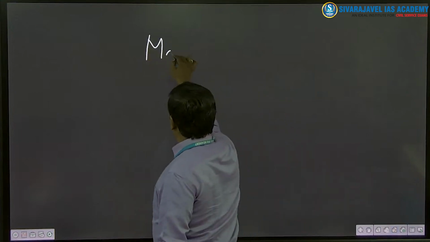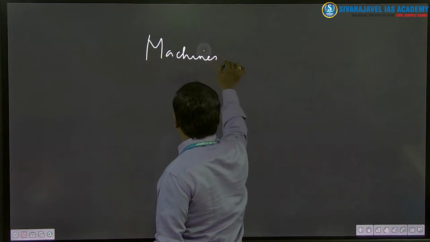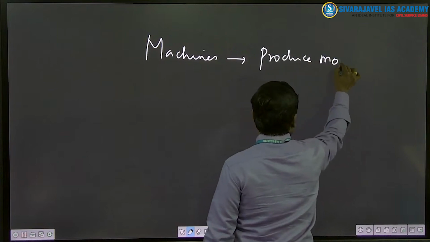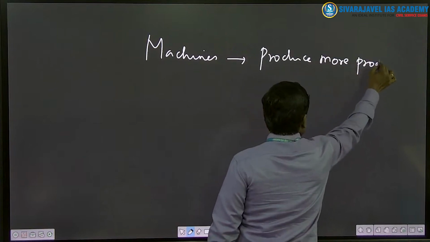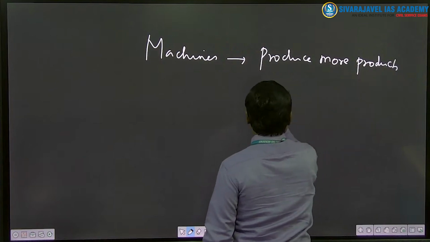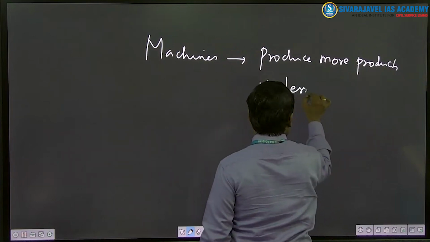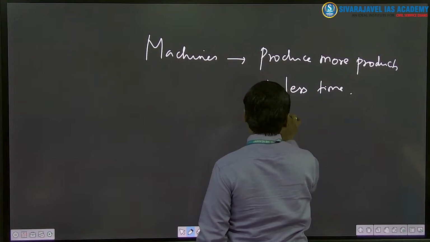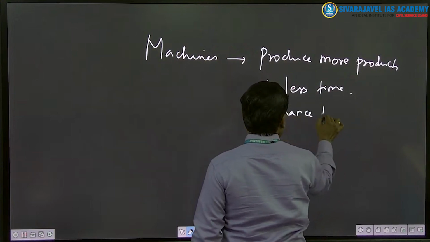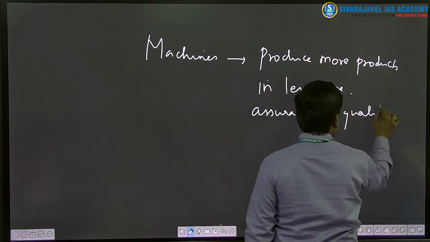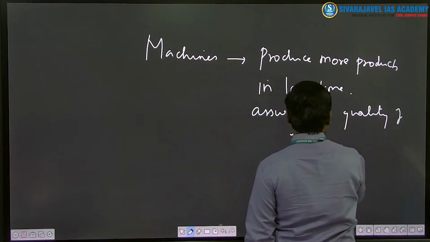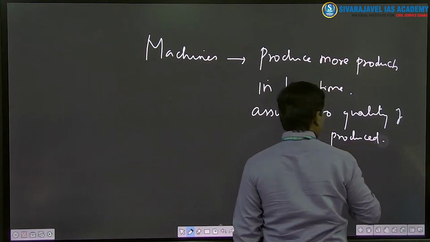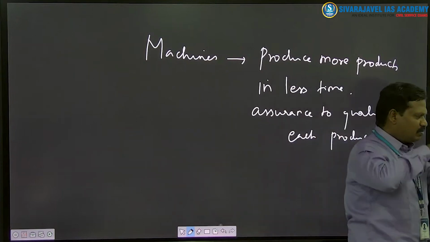Machines will produce more products in very less time, and it also assures the quality of each product produced. There is no quality difference because machine is producing same quality products.